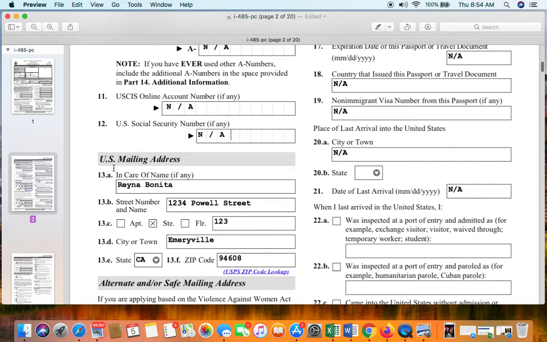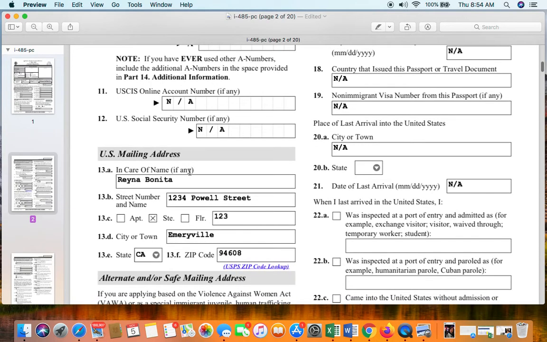So U.S. mailing address, in care of. In this section, since she is under my care, I have to put my name right here as a parent, as a mother. She is under my house, under my name. She is my derivative applicant.